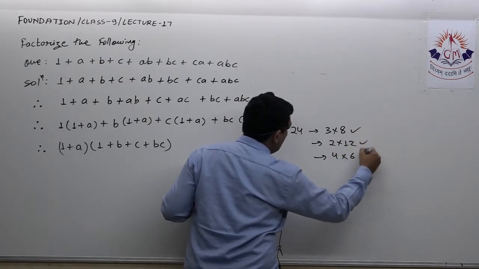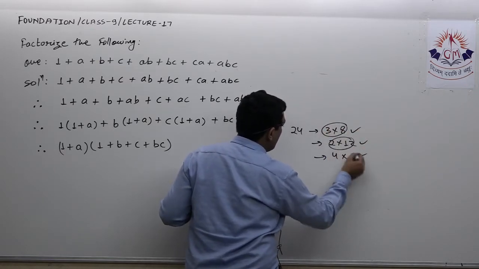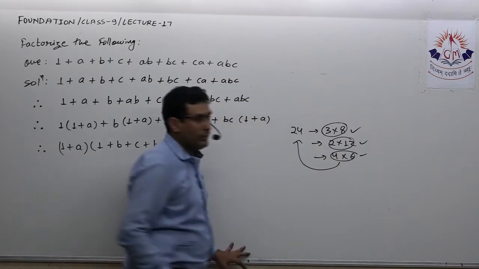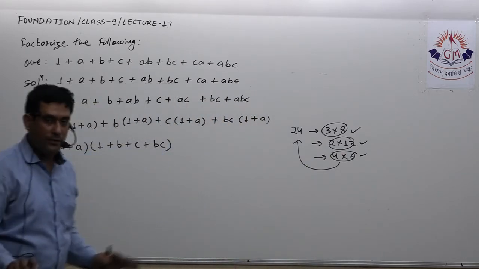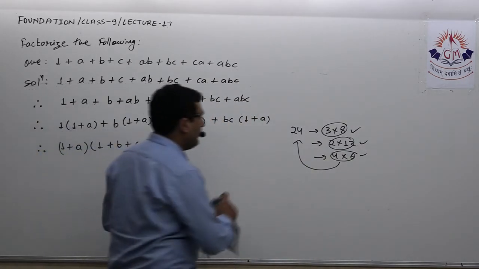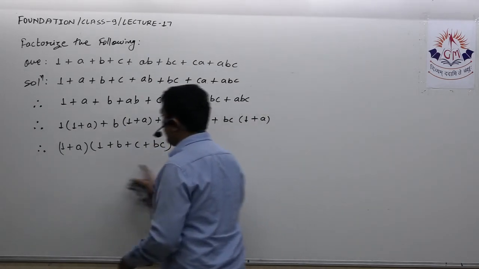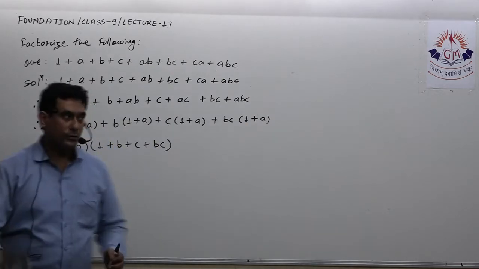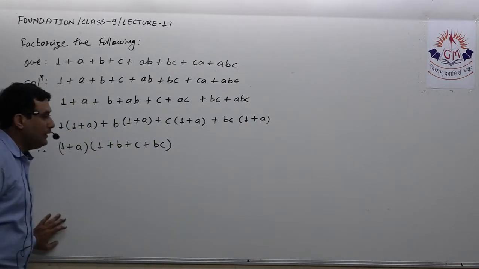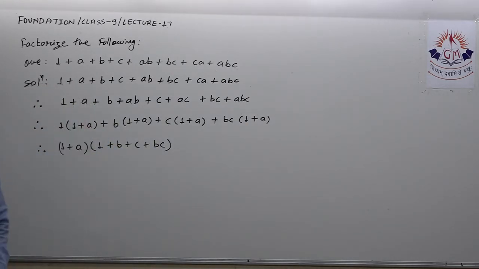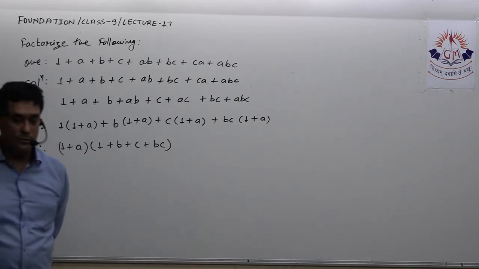All these are factors whose product is equal to 24. So it is possible to get different sets of factors for the same expression. The only thing is that when you multiply those factors, you should get the original or the given expression. So please note it down, then we'll see the next question.